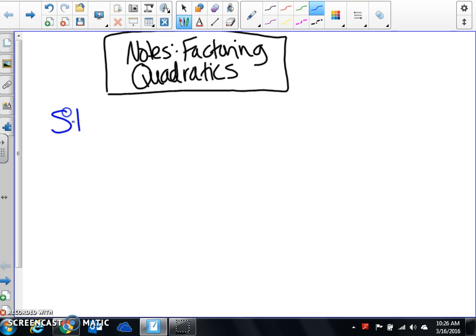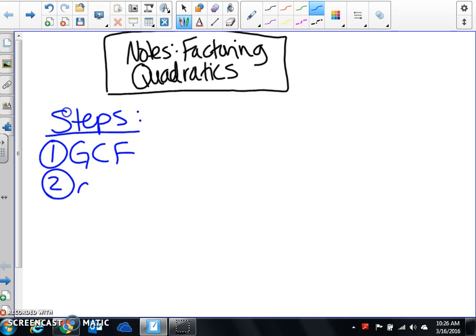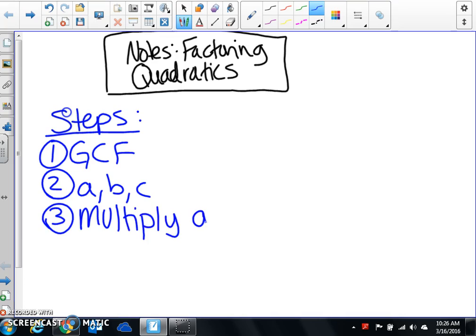Here are the steps to factoring quadratics. The biggest one is you first need to find if there's a GCF, and you need to pull that GCF out, okay, and then divide everything by it. After that, we're going to do our ABCs. After that, we're going to multiply AC, and we're going to find their factors.